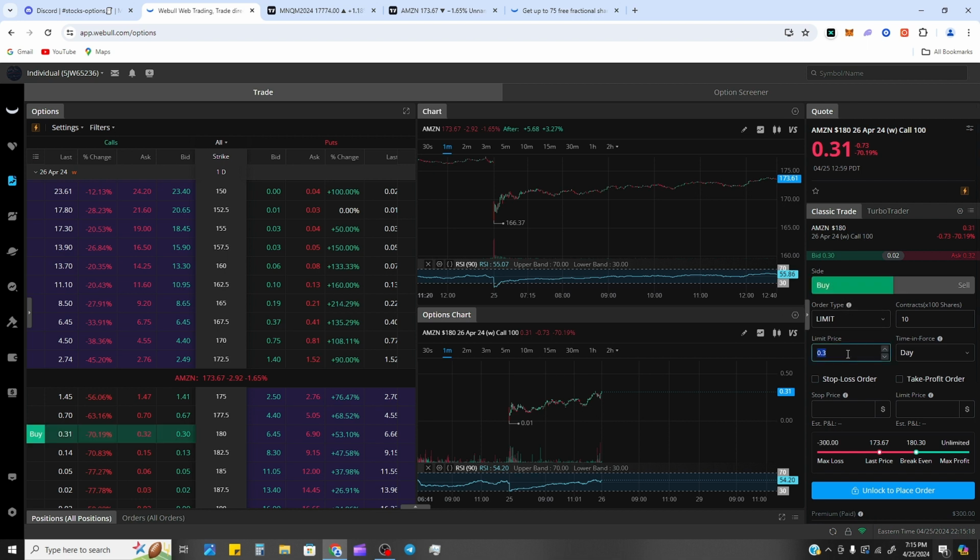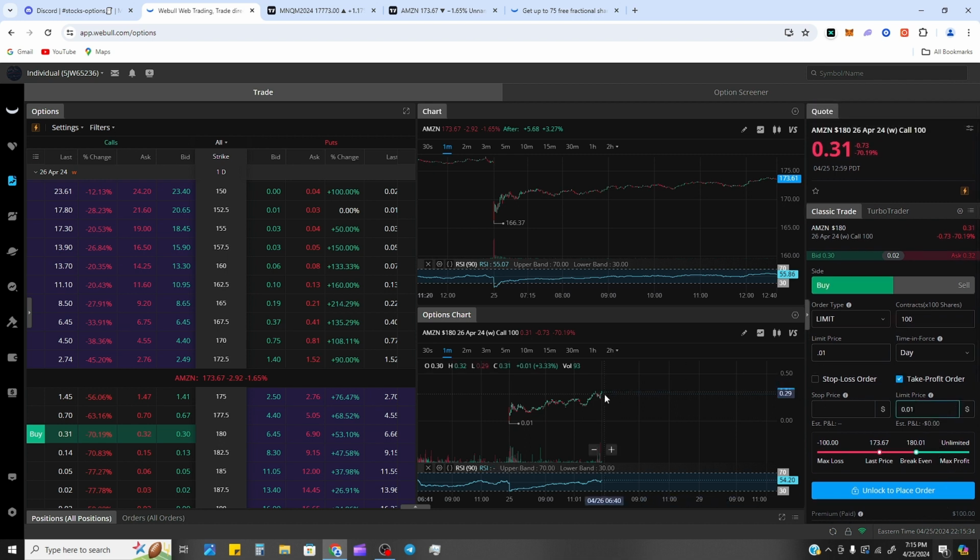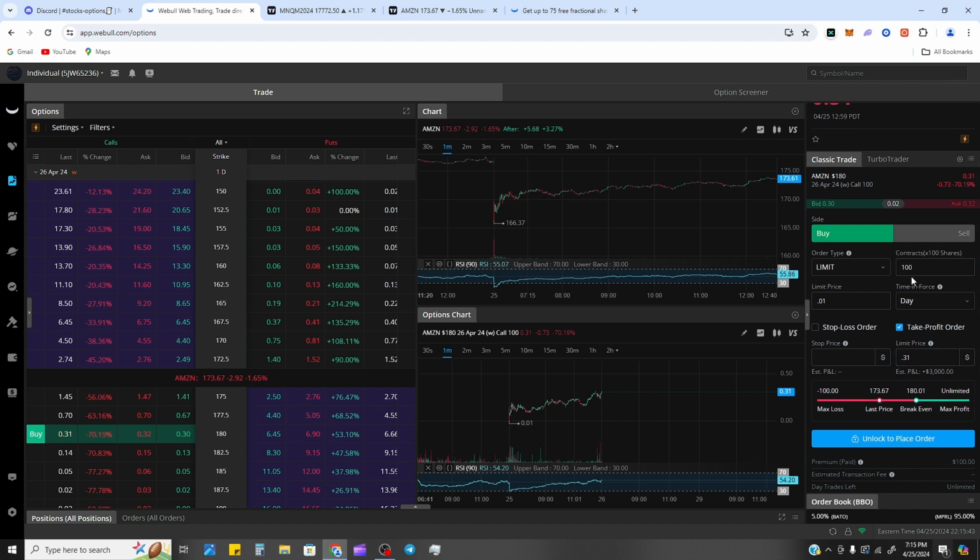So just for shits and giggles, we'll just pretend we got in at that great price of a penny. So for us to spend that same $100 that we spent, we'd have to buy 100 contracts. Okay, so look, premium paid once again is $100. Now our take profit, it hit 31 cents. So let's just pretend we got that 0.31. Okay, look at that.